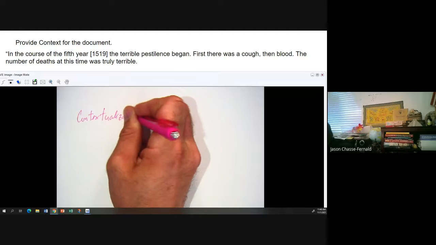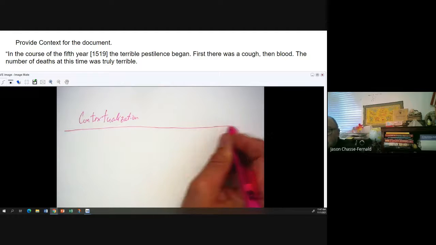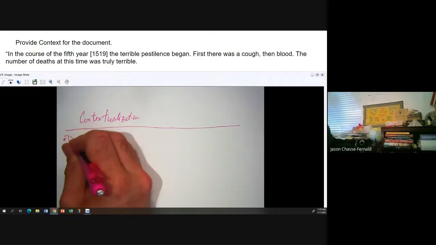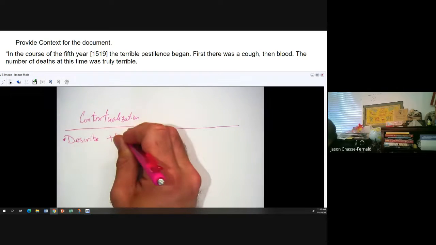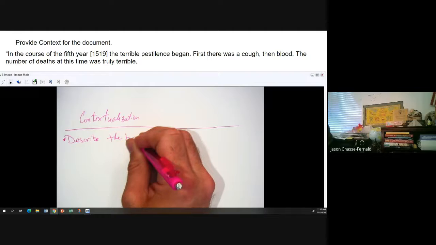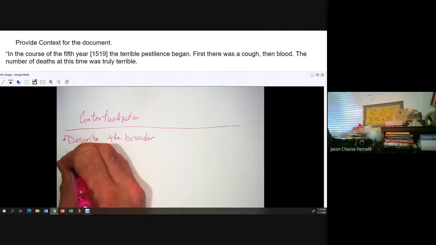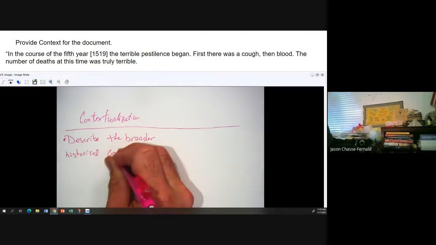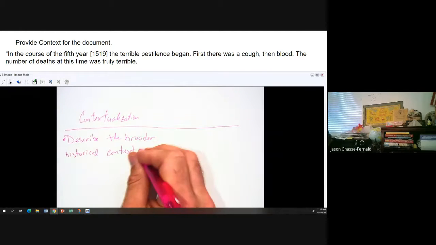All right, so what are we doing when we are looking at contextualization? We are looking to describe the broader historical context. All right, looking to describe the broader historical context.